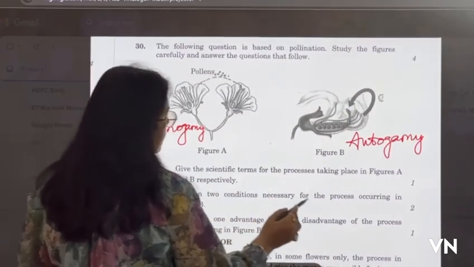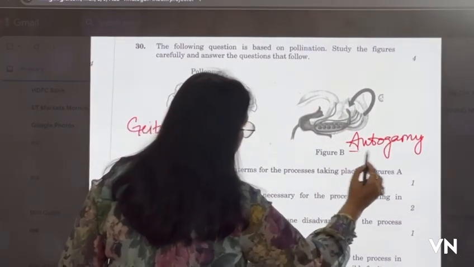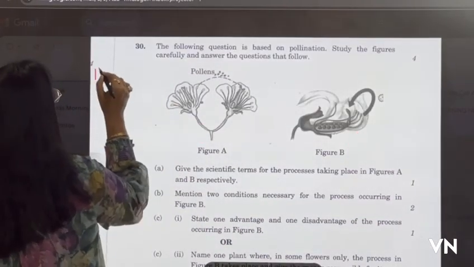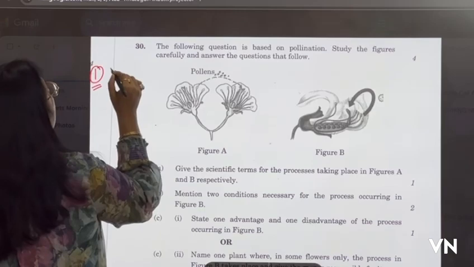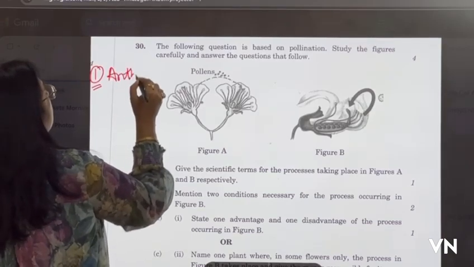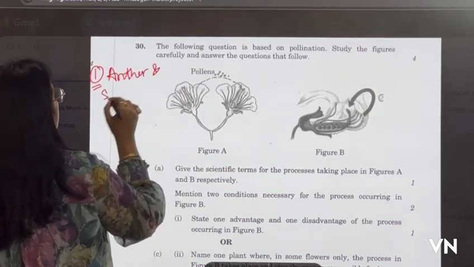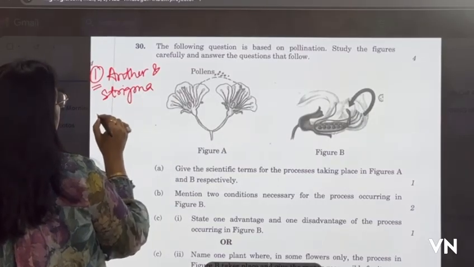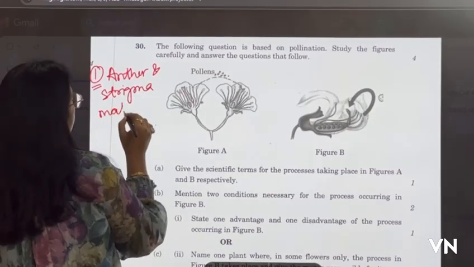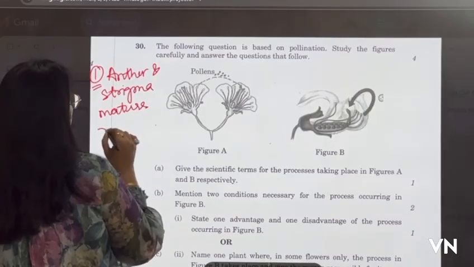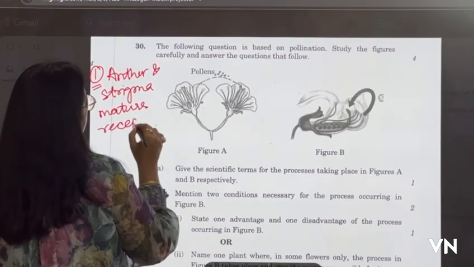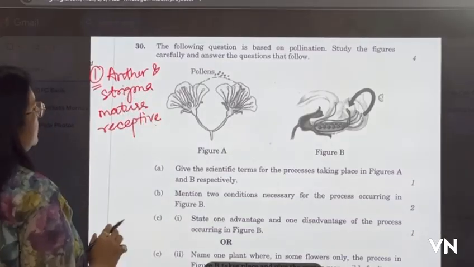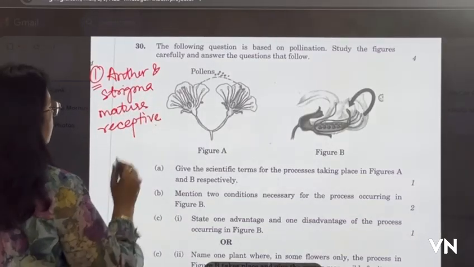Two conditions necessary for the process occurring in figure B, autogamy. Number 1, anther and stigma should mature at the same time and they must be receptive. Or you can say there should be a synchronization between anther and stigma.